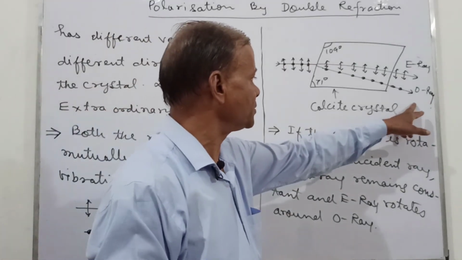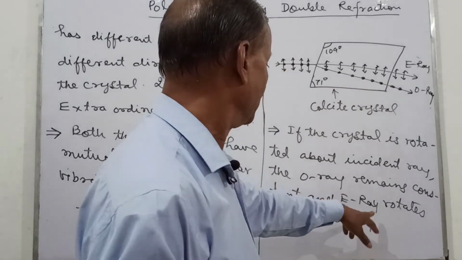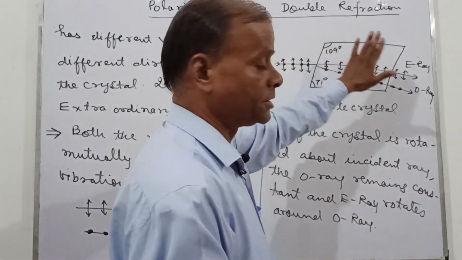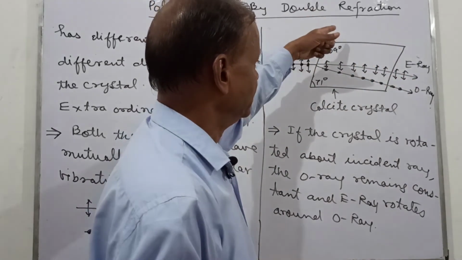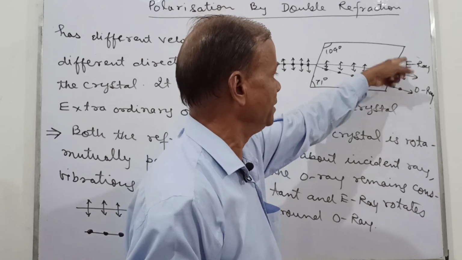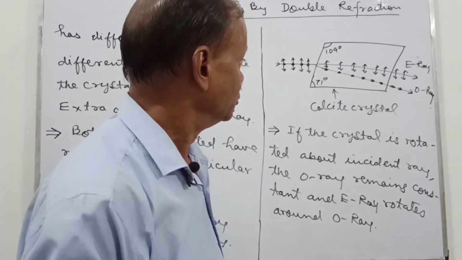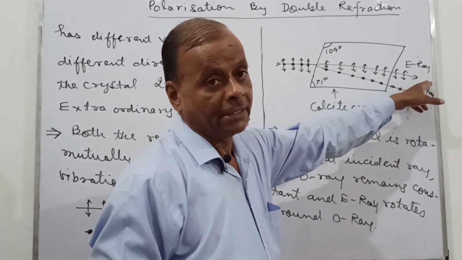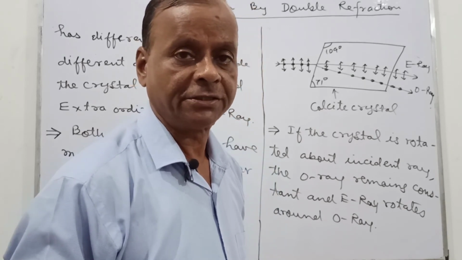So what happens is like this: the O ray remains constant and this E ray rotates about this one. This is the crystal and this crystal is rotated about this direction. Then the O ray will remain constant and the E ray will rotate about this O ray. So this E ray does not obey the laws of refraction of light.